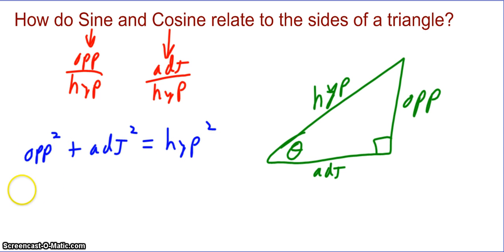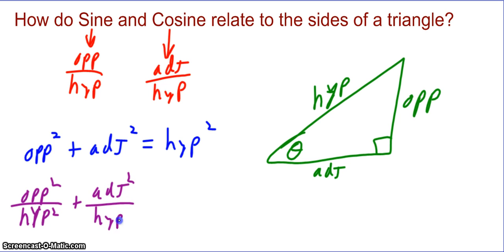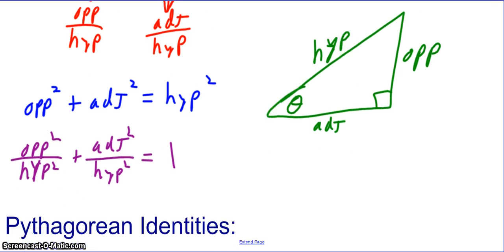So now this would become opposite squared over hypotenuse squared plus adjacent squared over hypotenuse squared equals 1. This leads us to our first Pythagorean identity.